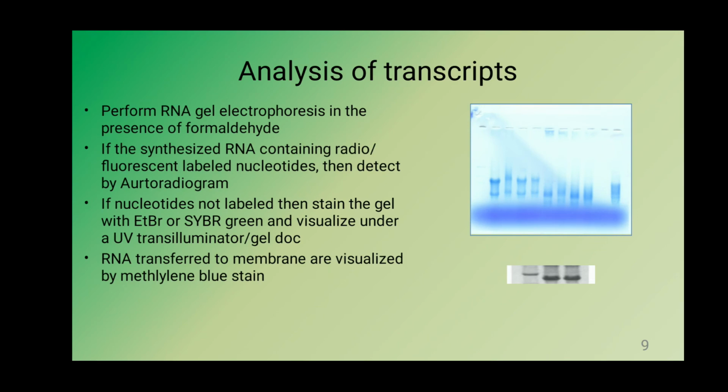If the nucleotides are not labeled, then stain the gel with ethidium bromide or SYBR Green and visualize under a UV transilluminator or gel doc. For radiolabeled nucleotides, we transfer the RNA in the agarose gel onto a membrane. Then the membrane is detected by autoradiogram, and the non-radiolabeled RNA transferred to the membrane is visualized by the methylene blue staining technique.